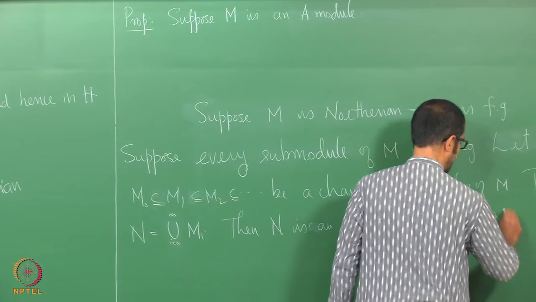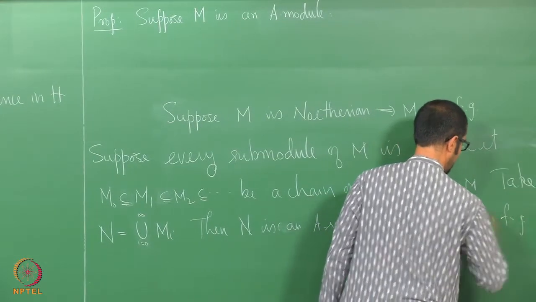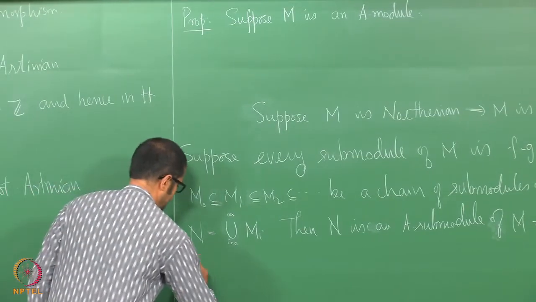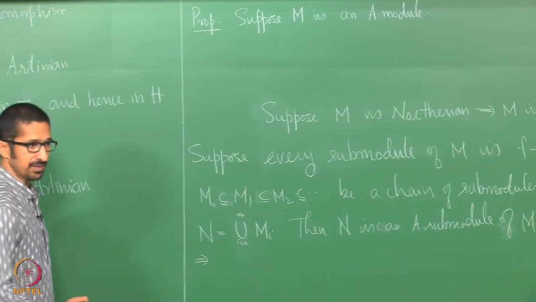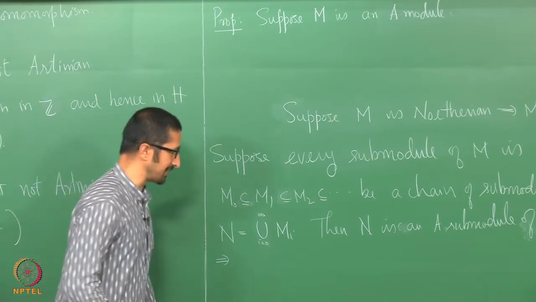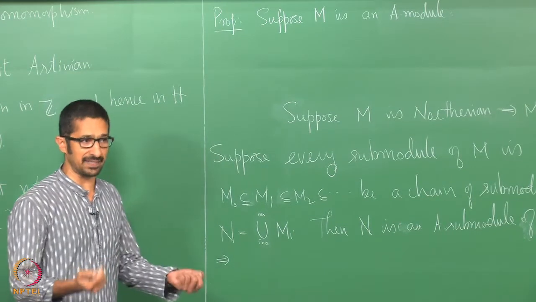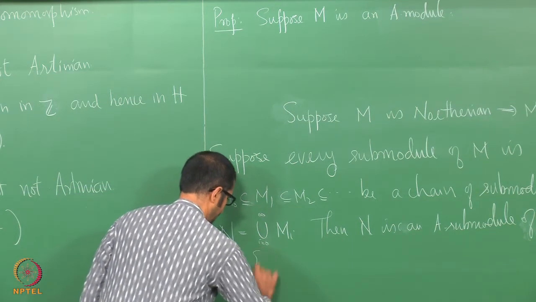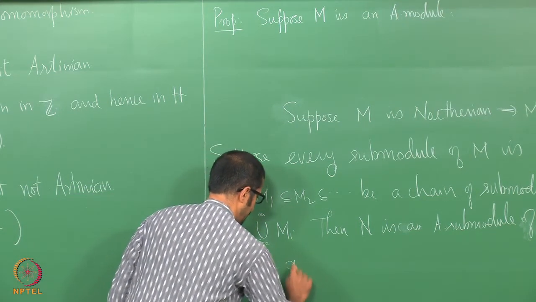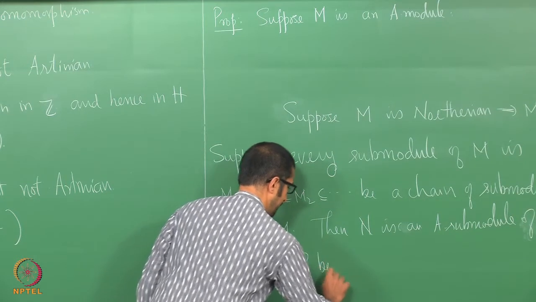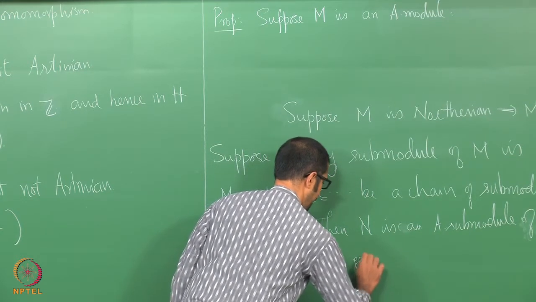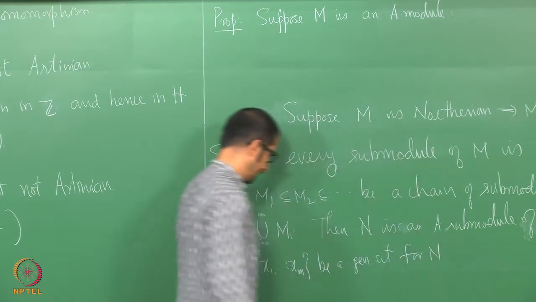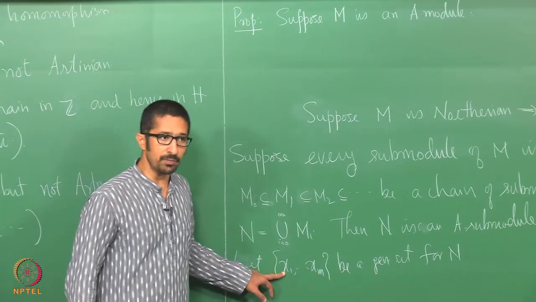That implies N is finitely generated, so it has a finite generating set. Let x1 up to xm be a generating set for N. Now, what do I do?